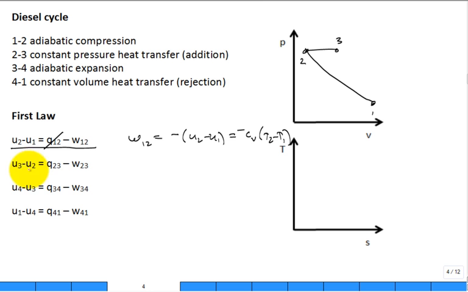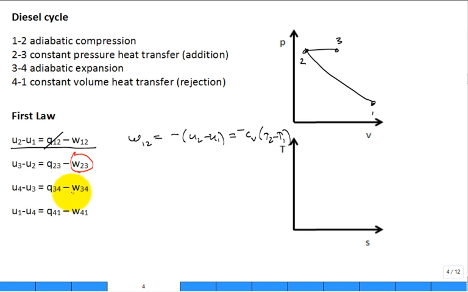So if I look at the first law for the process 2 to 3, is Q 2 to 3 0, or is work 2 to 3 0, or are any of them 0? None of them are 0. So, now, is there an easy way I can calculate the work 2 to 3 though?